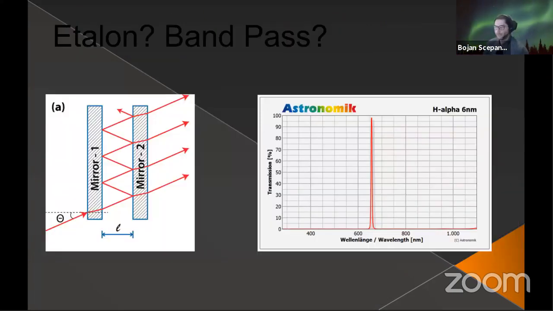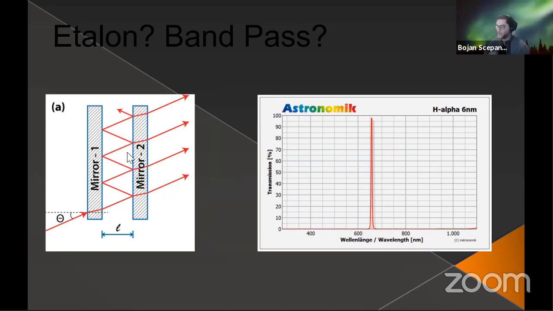I did want to cover very briefly just the technology that is used. I'm going to be mentioning the word etalon a couple of times. An etalon is a fancy name for two mirrors that are placed parallel to each other like so. As the light from the sun comes in, the light bounces back and forth due to some physics properties and destructive interference.